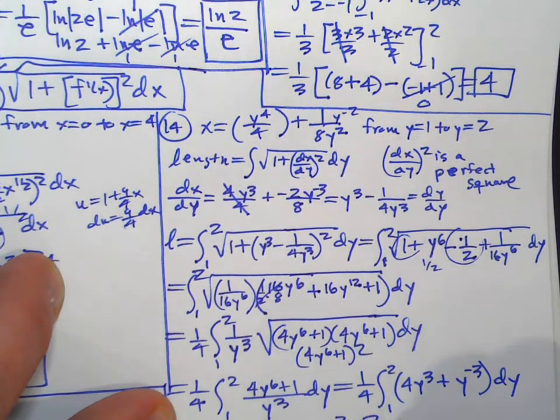Can rewrite this a little nicer: y to the 4th minus 1 over 2y squared, from 1 to 2. So you plug 2 in, and you get 16 minus 1 over 8. And then you plug 1 in, and you get 1 minus 1 over 2.